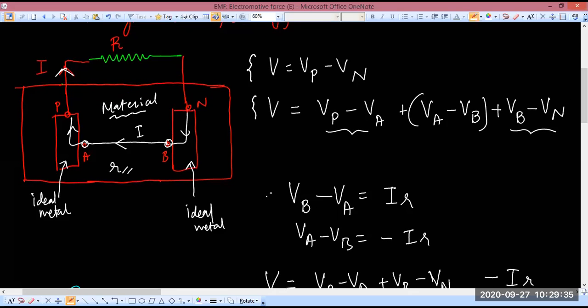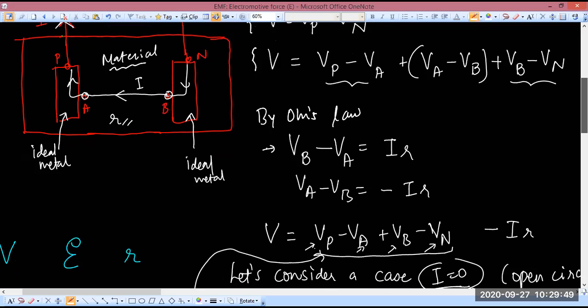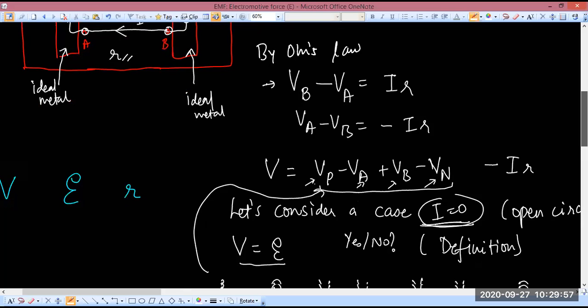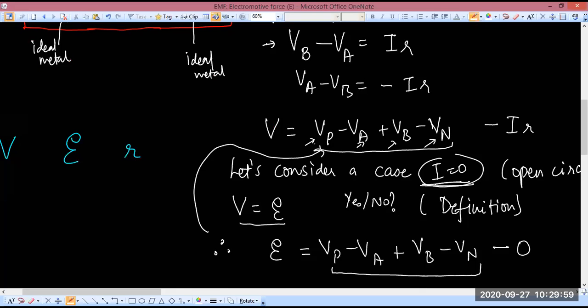Then by Ohm's law, I could say that potential difference is equal to I into R. So I've put Vb minus Va is IR, so Va minus Vb is minus IR. So I've written it over here. Then we stop over there and we consider a special case where I is 0.